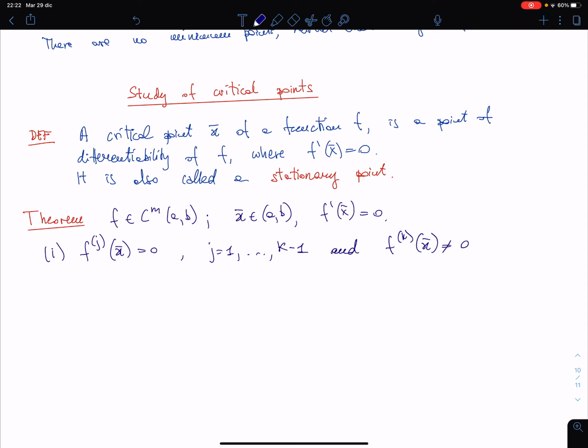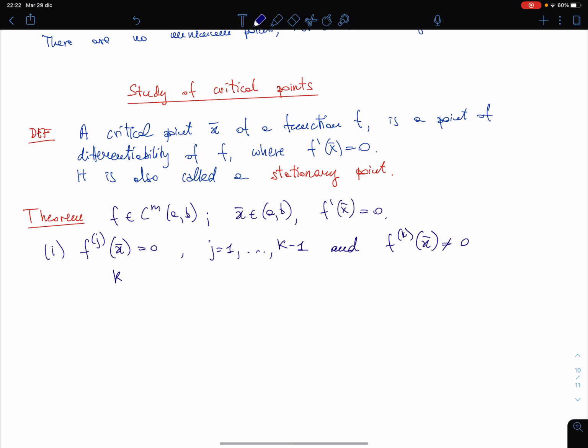And suppose that k is even. Then there are two possibilities.